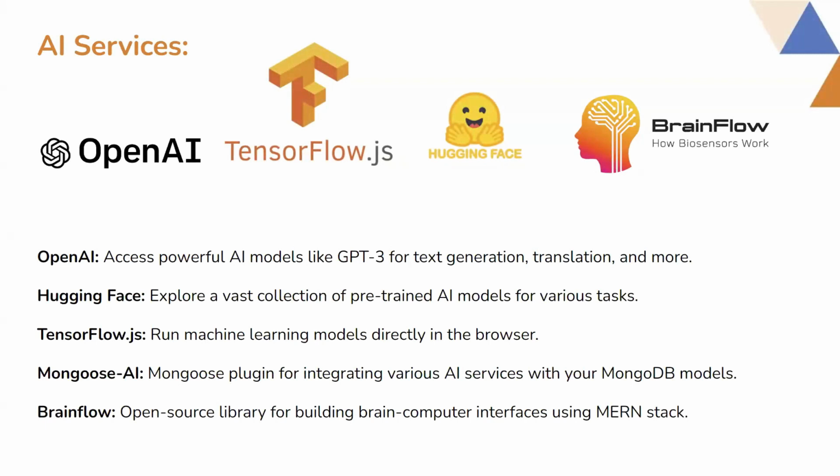We saw this on our Node.js slide: it is very good for IO-centric tasks. But we can utilize AI services with our MERN application and harness the power of those services throughout our application.